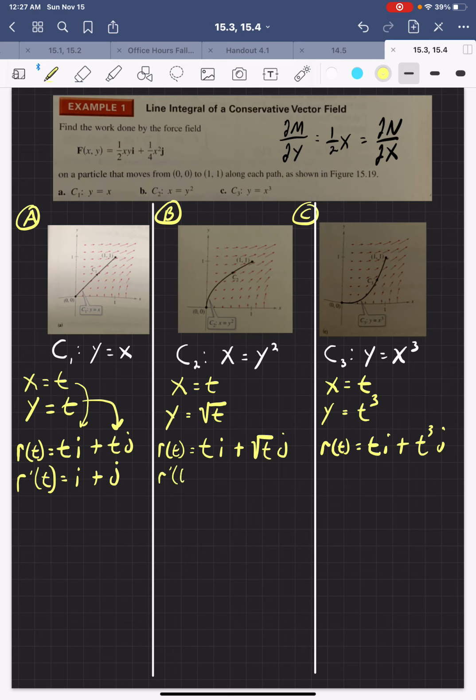So r prime of t is going to be i plus 3t squared j for one, and for the other, you can write the square root as t to the power of a half. Taking the derivative would give t to the power of negative 1/2, so I'll write it that way.